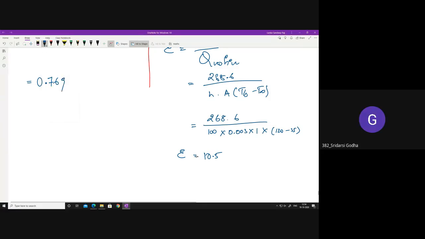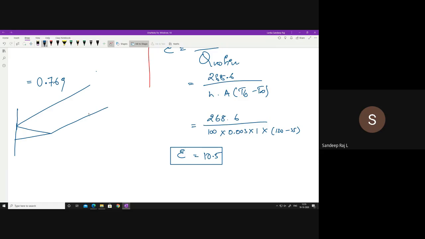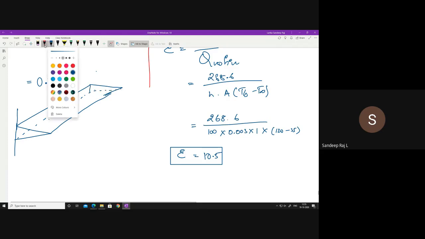Sir, here the area is a triangle, no, sir? Okay, that's a very good question. See, here this is a wall, and this is your triangular fin. But when I consider the area, I have to consider something like this. See, what is the area essentially here?